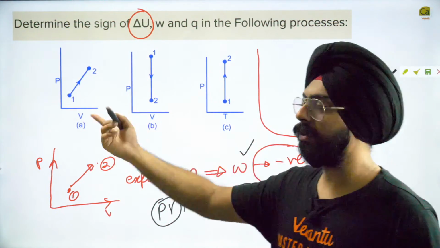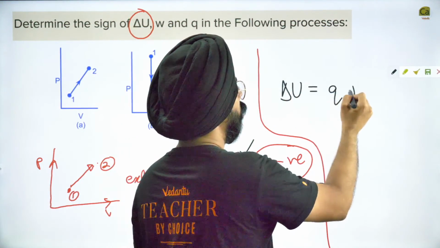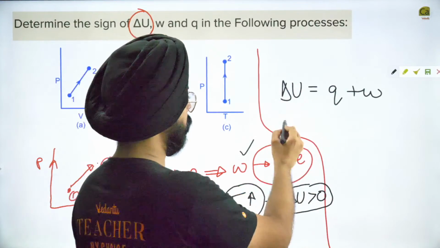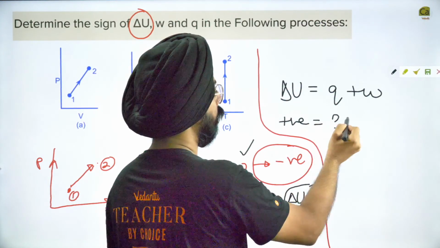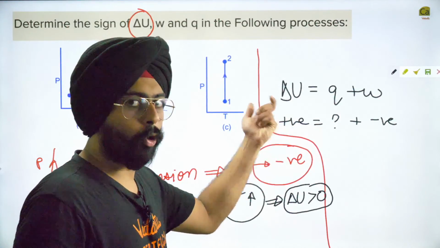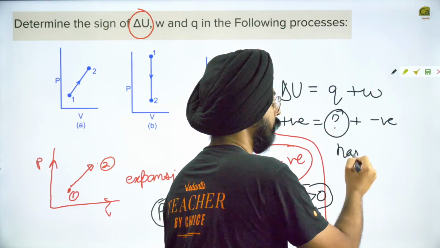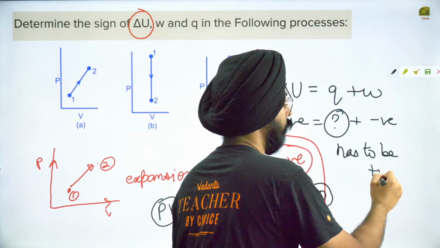So how do we figure out Q? Q is very simple. Delta U is equal to Q plus W. Delta U is a positive value, equal to Q plus a negative value. So obviously, since delta U overall is a positive value, Q has to be positive. Do you understand?